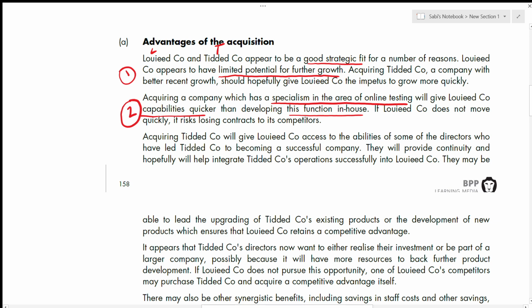So they will provide continuity. They said the five former founders will support and will be there even after acquisition. So they will provide continuity and hopefully help integrate TDET company's operations successfully into Louieed company.